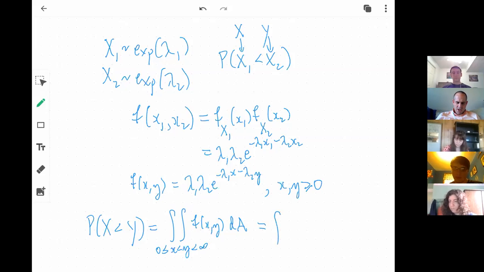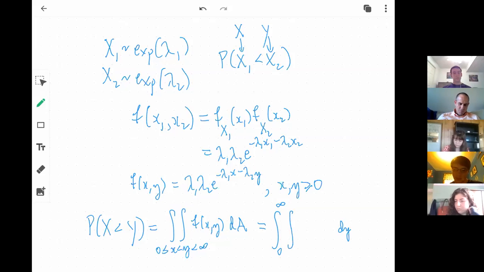So let's let one of the variables, well, actually, how about this? Let's let y go from 0 to infinity. Okay, so it's going to be dy. And then what about x?